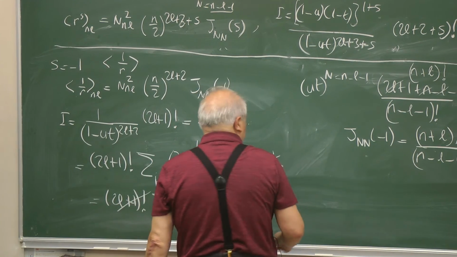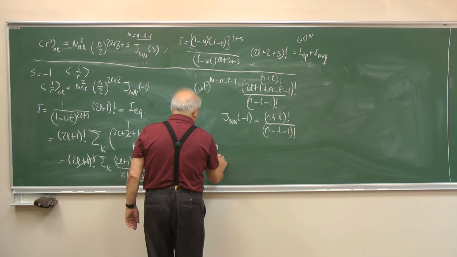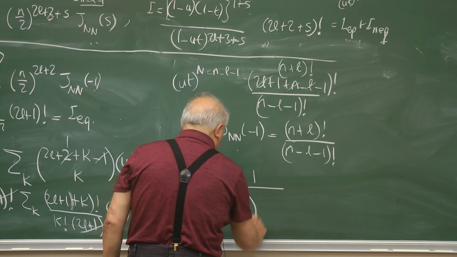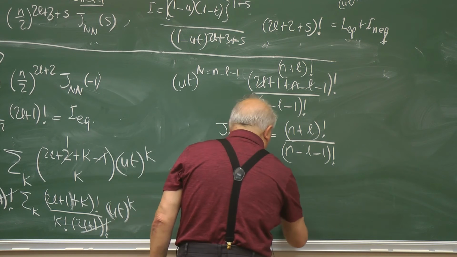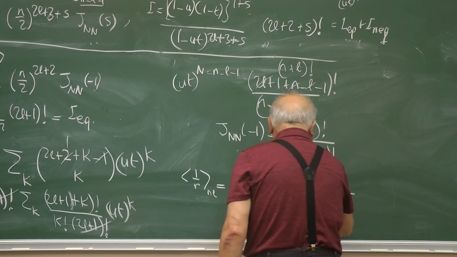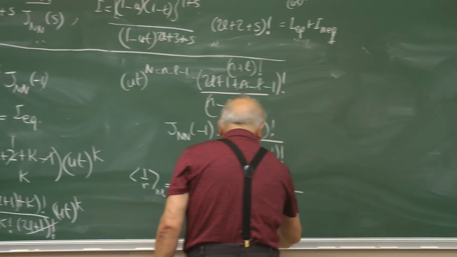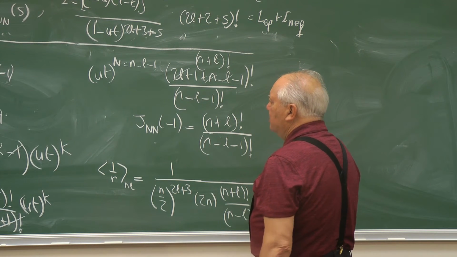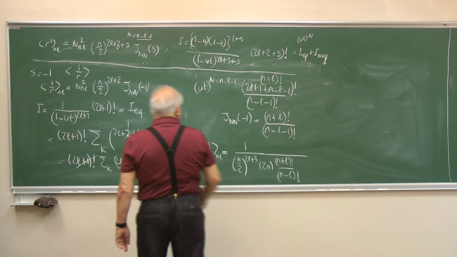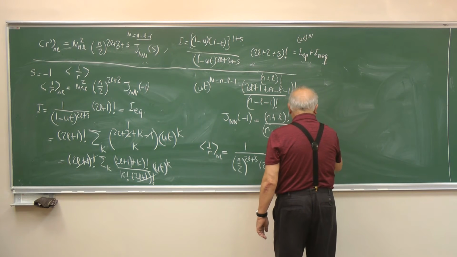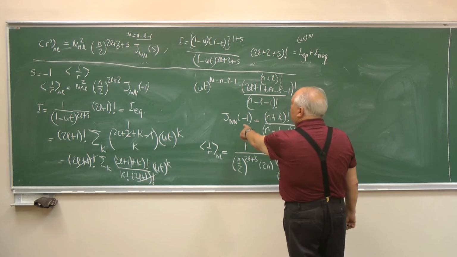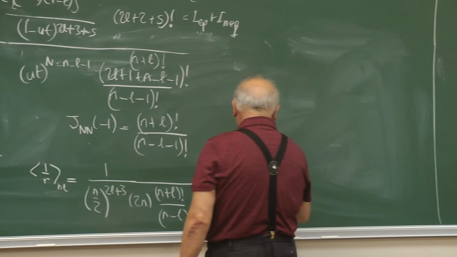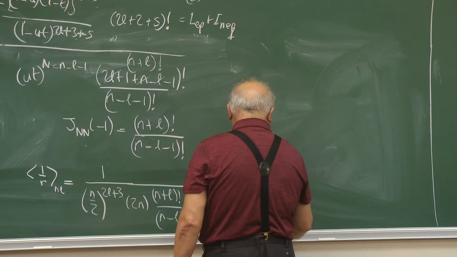So let's write the average of 1 over r in state nl is equal to the square of it, 1 over n over 2, 2l plus 3, 2n, and (n plus l) factorial over (n minus l minus 1) factorial, times n over 2, 2l plus 2, times J_{n,n minus 1}, which is this, (n plus l) factorial over (n minus l minus 1) factorial.